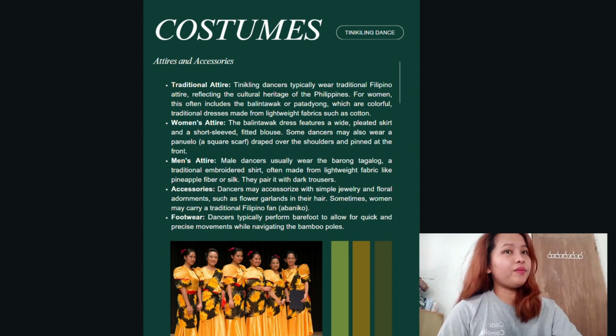Of course, we are very familiar with this, a traditional embroidered shirt often made from lightweight fabric like pineapple silk or fiber. They also wear accessories with simple jewelry and floral adornments such as flower garlands in their hair. Sometimes women may carry a traditional Filipino fan or abanico.